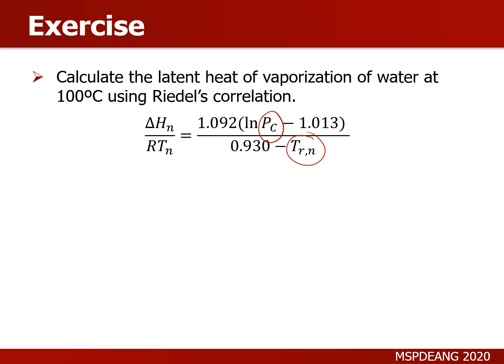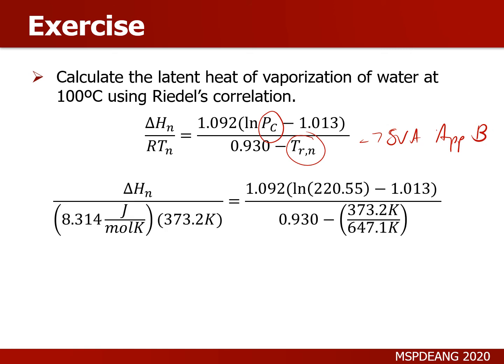Okay, so kunin natin yan from SVA Appendix B. Nakatabulate yon. So with this, plug and play. This is the critical pressure and this is the critical temperature. And substituting, you can now get the normal heat of vaporization at 100 degrees Celsius, which is 42.039 kilojoules per mole.